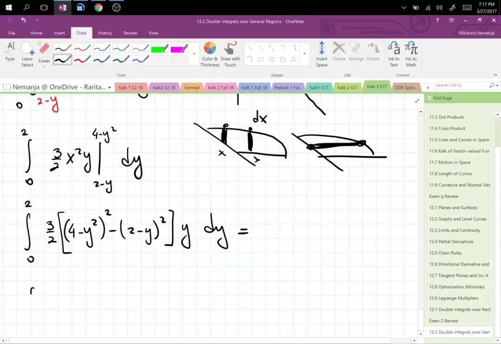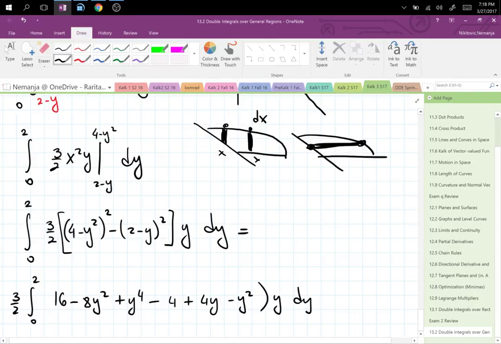Then we work out the algebra. We pull out the 3/2, which doesn't have to be in the integral. What do I have? I have 16 minus 8y squared plus y to the 4th, minus 4 plus 4y minus y squared, everything times y dy.